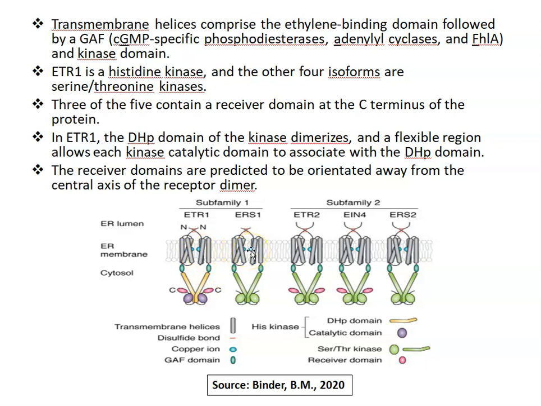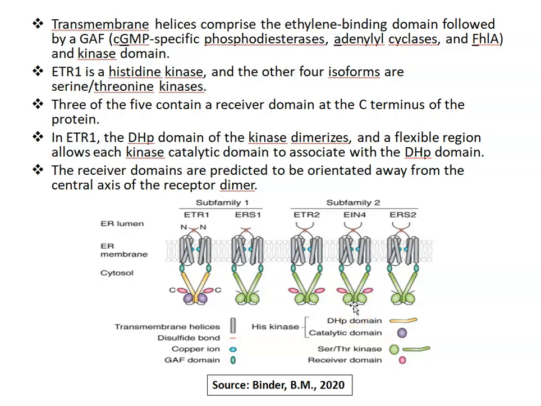So three of the five receptor isoforms contain a receiver domain, this pink colored structure, right? This is a receiver domain, and you can see here only ETR1, ETR2, and EIN4 have these receiver domains at the C terminus of the protein, right?